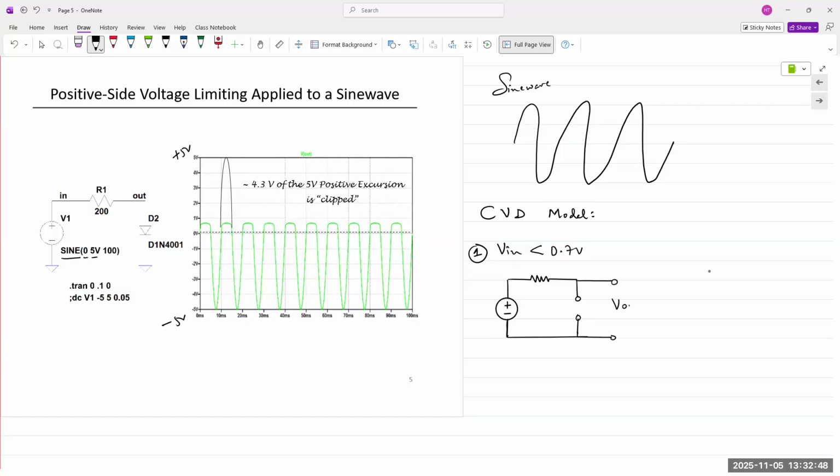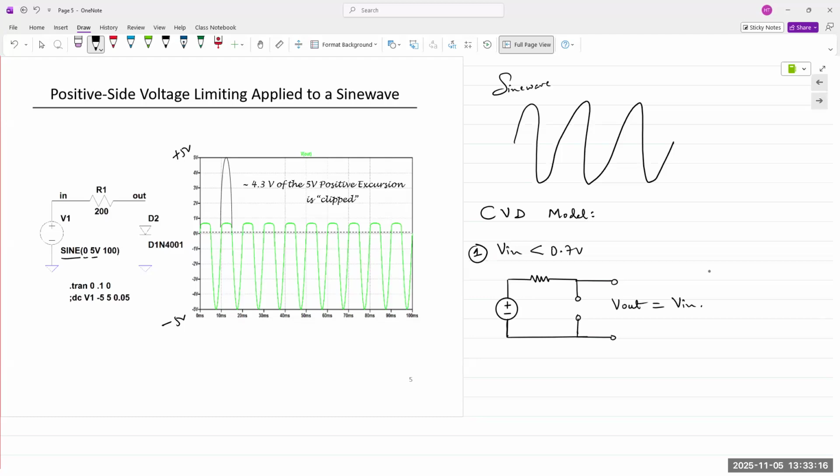My V out is exactly the same as V in. So the point here is that the input voltage can take any shape it wants. All we care about for the purposes of this analysis is whether it's greater or less than 0.7 volts. That's all we care about.